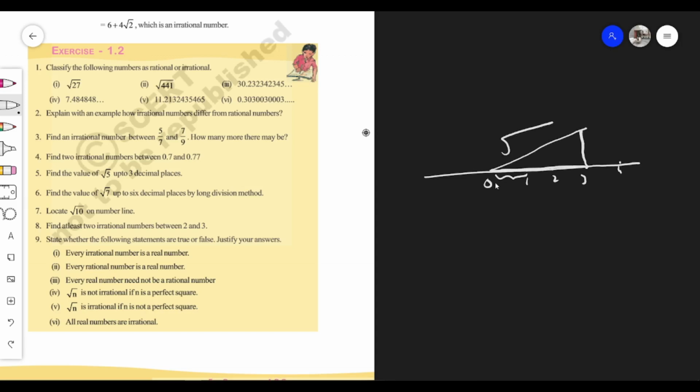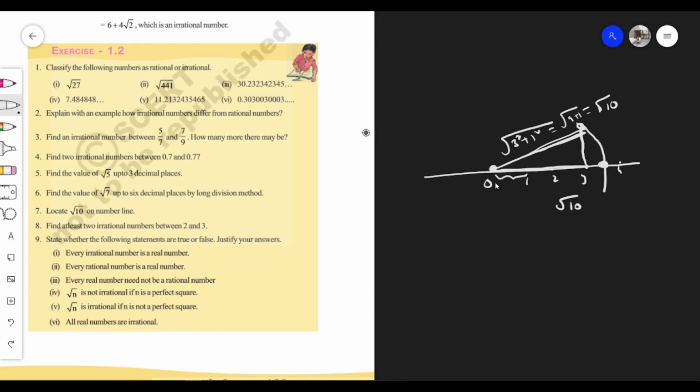This will be square root of 3 square plus 1 square, that equals square root of 9 plus 1, that is square root of 10. So this diagonal measures up to square root of 10. Take a compass and put your needle here at 0 and extend up to this point and draw an arc, and this place shows square root of 10. Do it properly with the instruments.